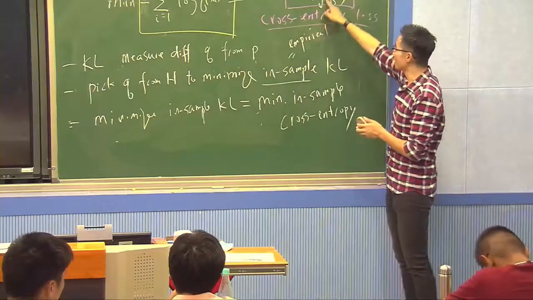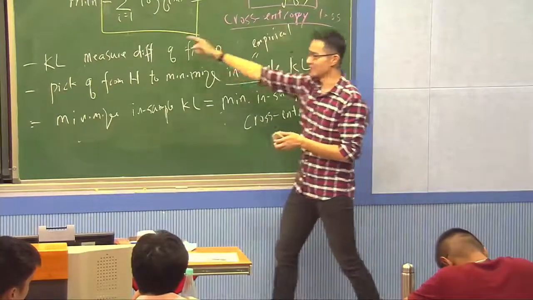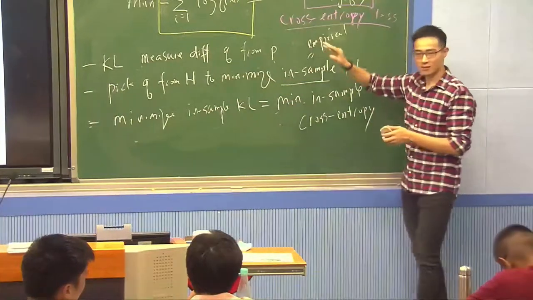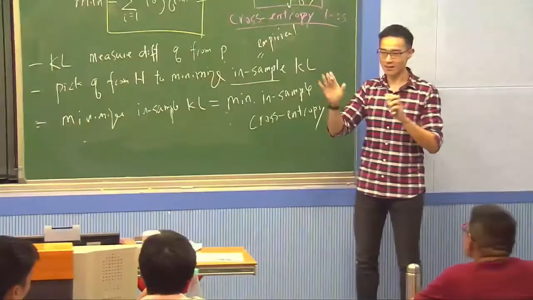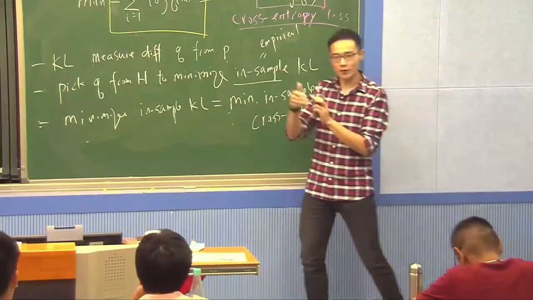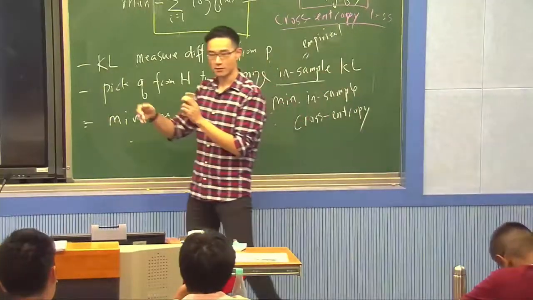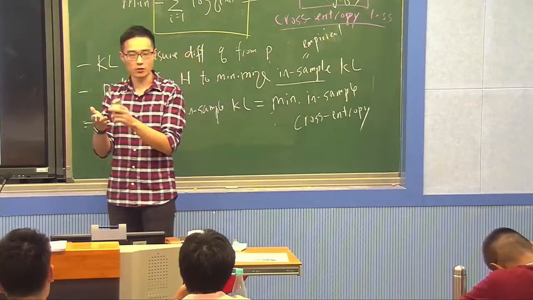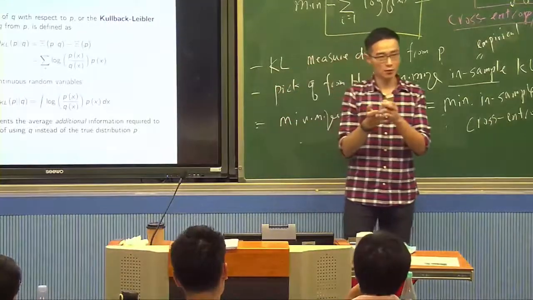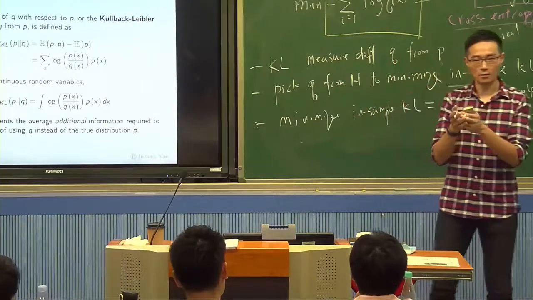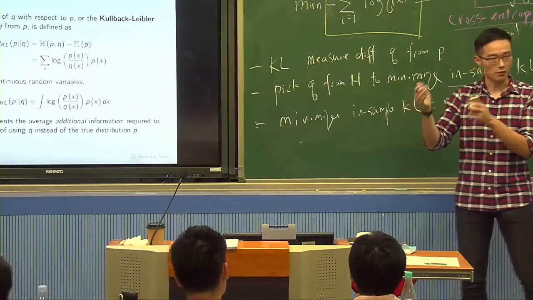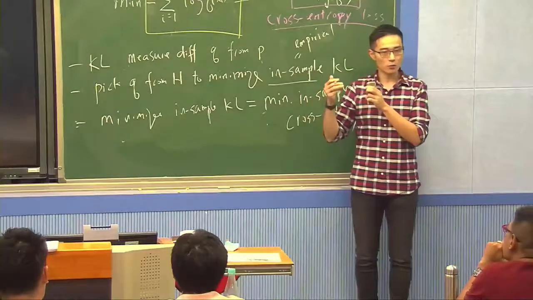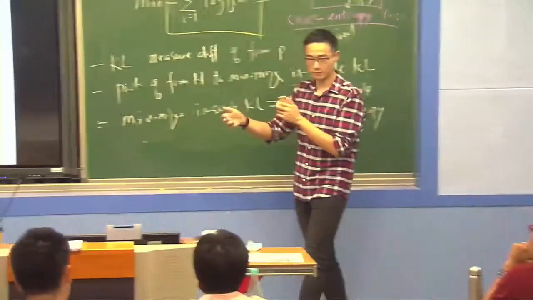I will not repeat the reason, but we use cross-entropy loss when we are fitting distributions. When we are fitting functions, not distributions, like the H and F, then we use loss functions like L2 and L1. So L2 and L1 loss functions are used for functions like H and F. Cross-entropy loss is the loss function we use when we are fitting distributions.